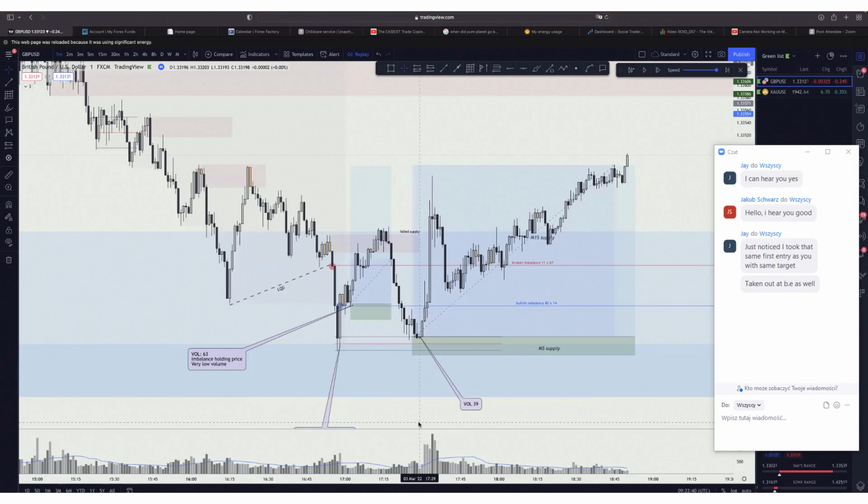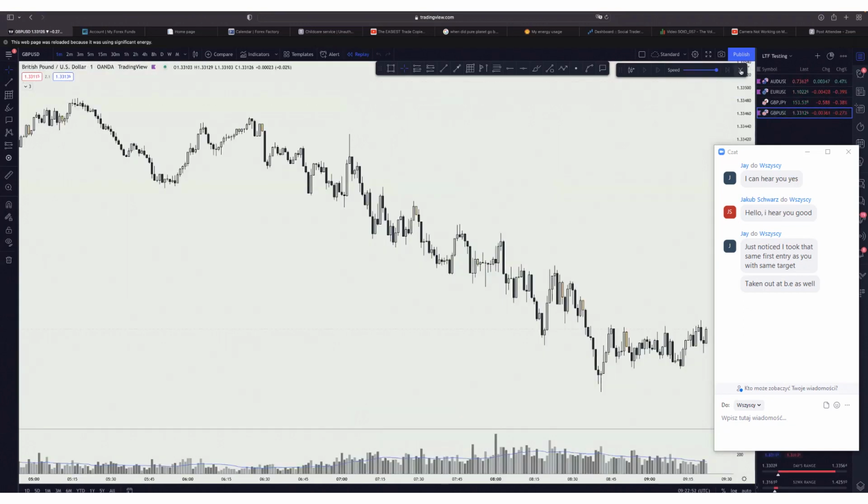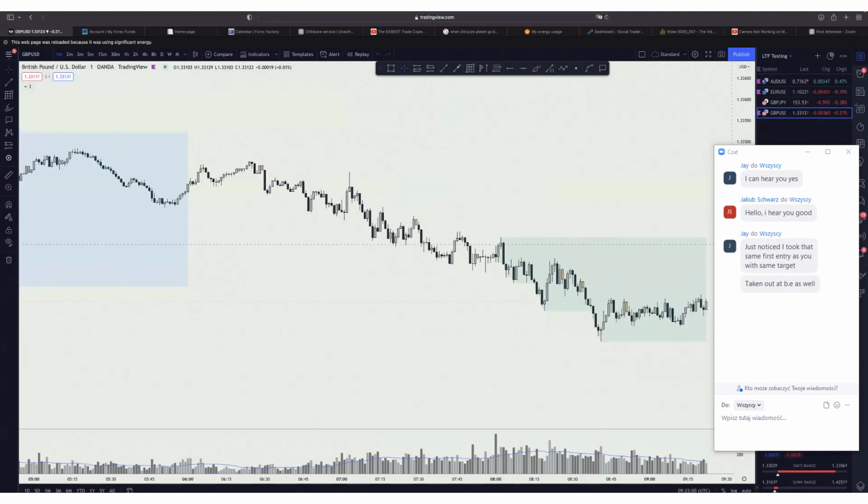Yes, perfect. Okay, great. So what I will do is go over to my testing. Just a question to you, Alex: when you are backtesting on TradingView, are you also able to change the time frames without switching this off?